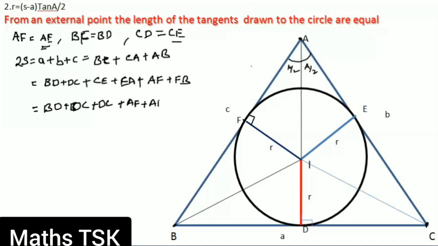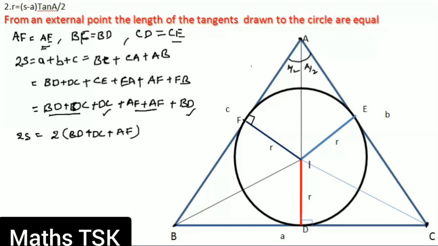And FB is nothing but BD. BD plus DC, the remaining things I converted into BD and DC, and then AF. So totally 2s is equal to 2 times (BD plus DC) plus 2 AF.